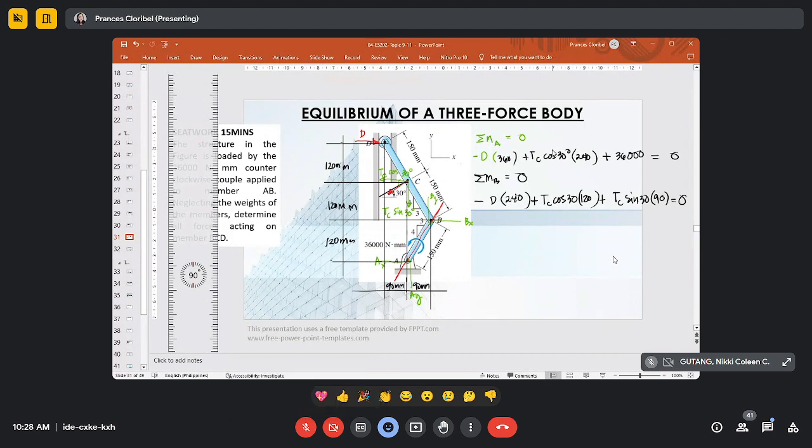Equals 0. How many unknowns do we have? Two, 1 and 2. They are the same, so we can simplify. This will be equation 1.